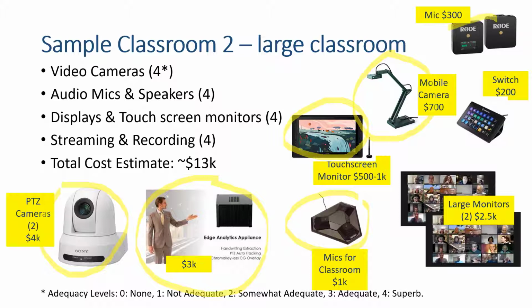And then we have a lapel microphone for the instructor to wear, and also some sort of switch that could help make the streaming much smoother. So these are all pre-programmed buttons that could perform certain functions, such as advancing a slideshow or opening an application and moving cameras and that sort of thing.